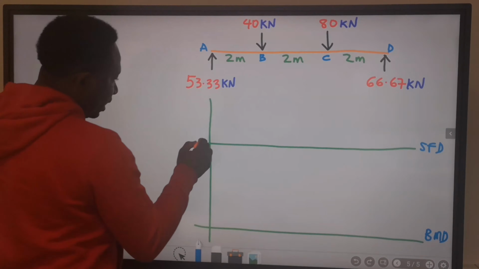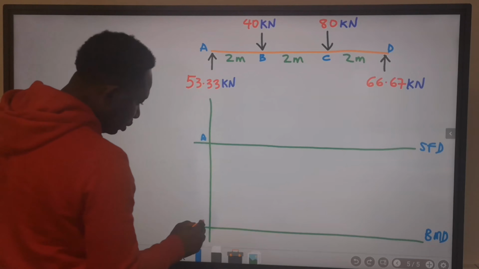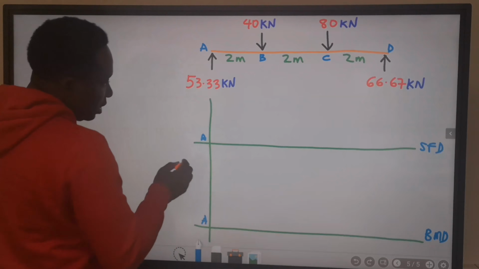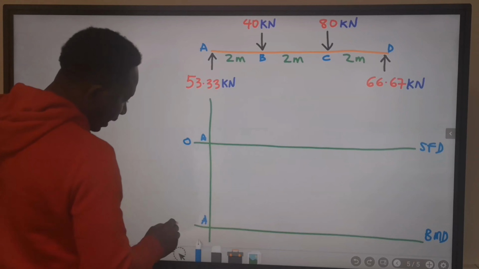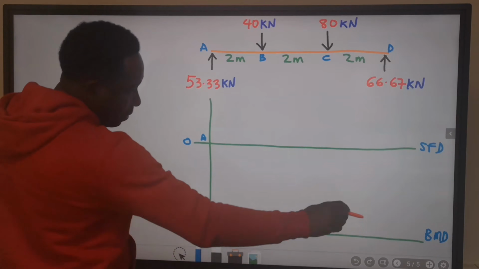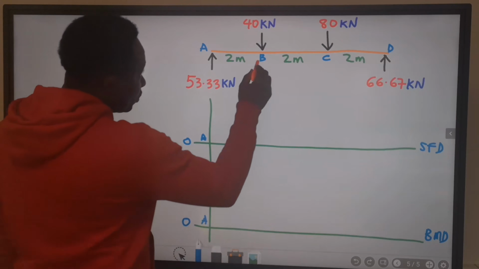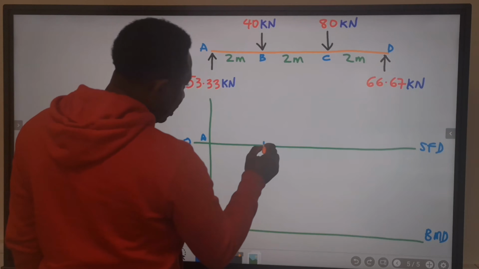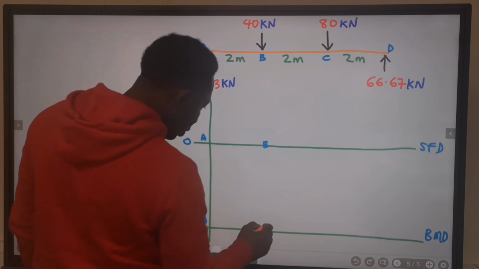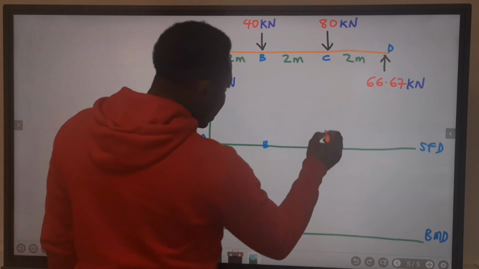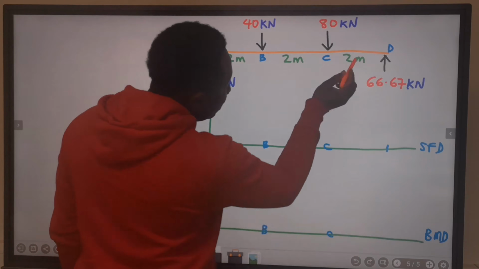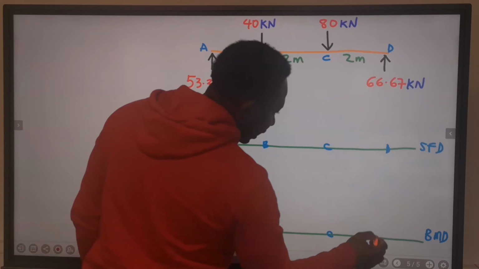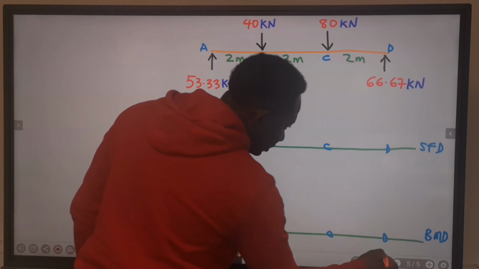If this is A, this will also be A. Remember, this is the zero shear force line, and this is the zero bending moment line. And this is B. This will also be B. This is C, and this will also be C.